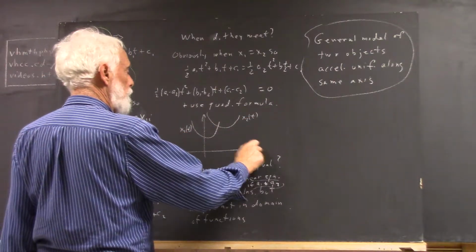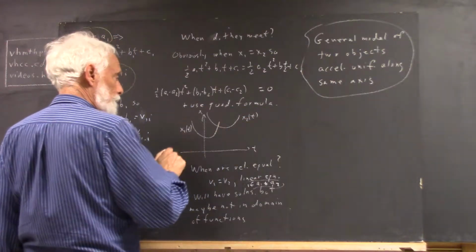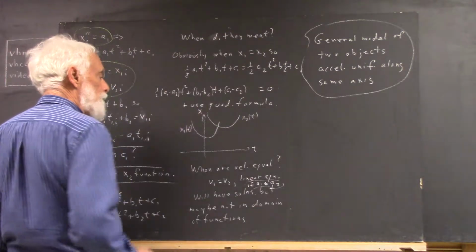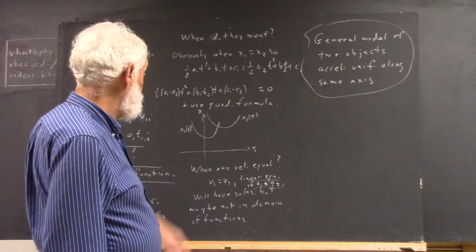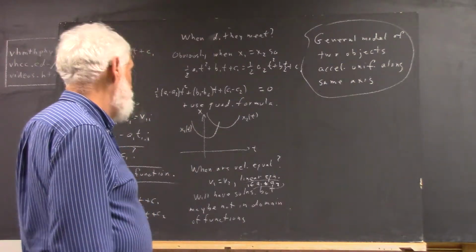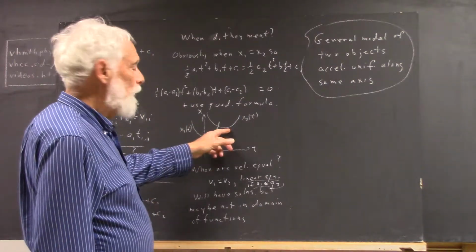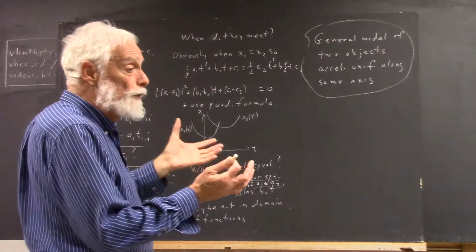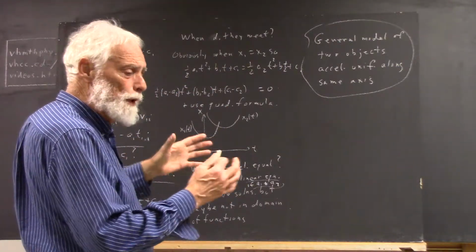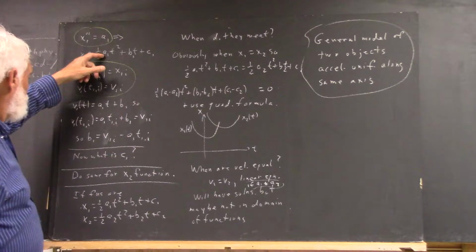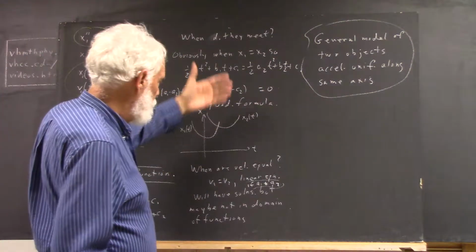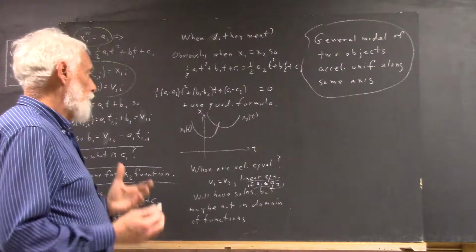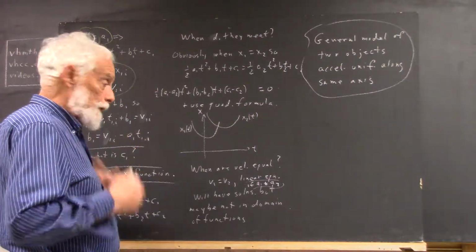So here's your t and here's your position, okay? Now in this case, there's at least one intersection point. And in any case where the two parabolas have different widths, if you like, different spreads, meaning that you have different values of the two accelerations. If they meet at one point, they'll generally meet at another, unless the point at which they meet is the vertex.